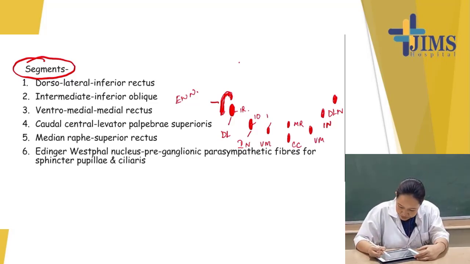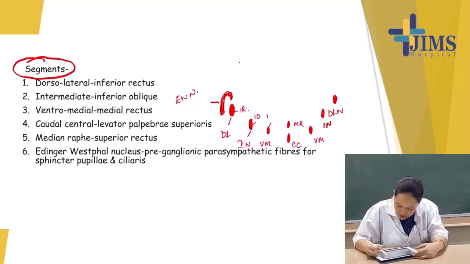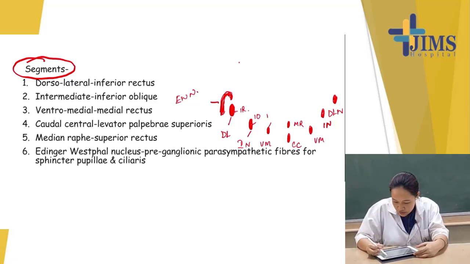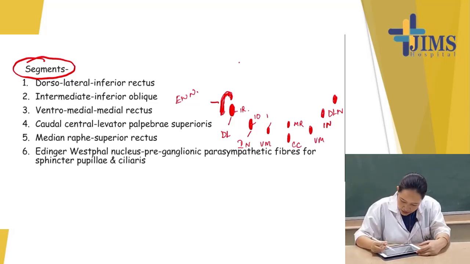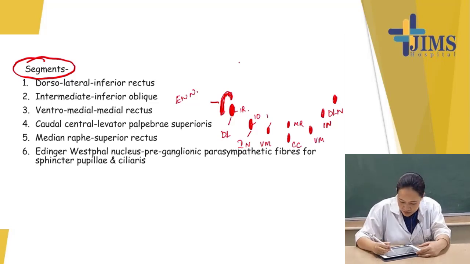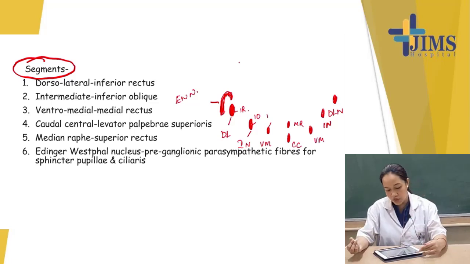So, here your sphincter pupillae muscle will be located, and somewhere here the ciliaris muscle will be located.